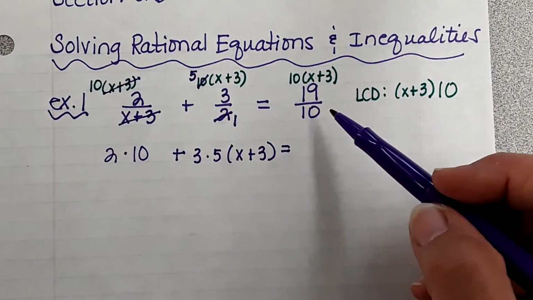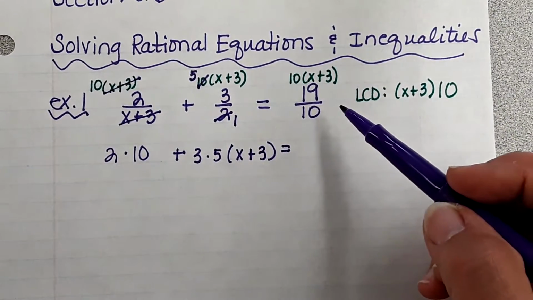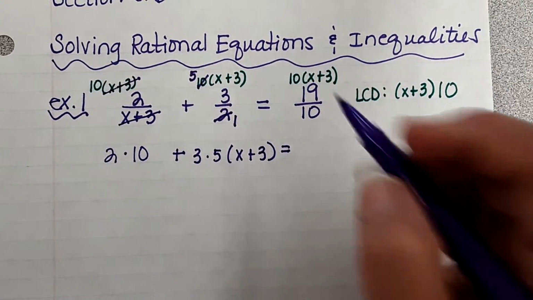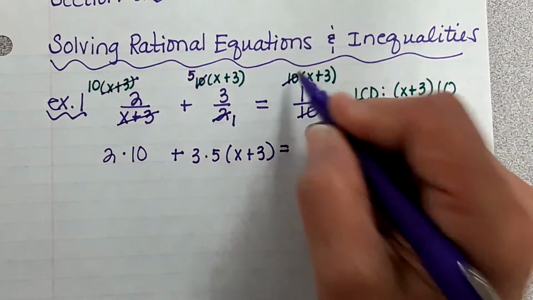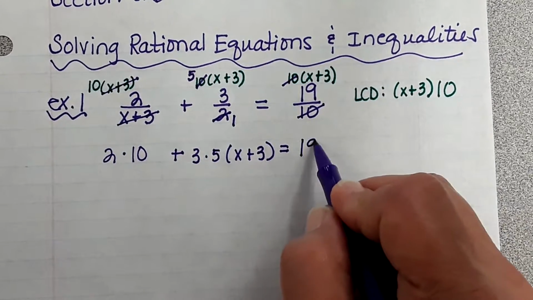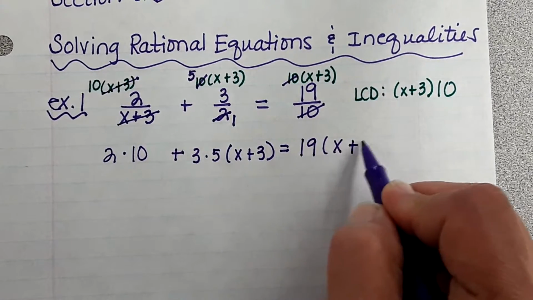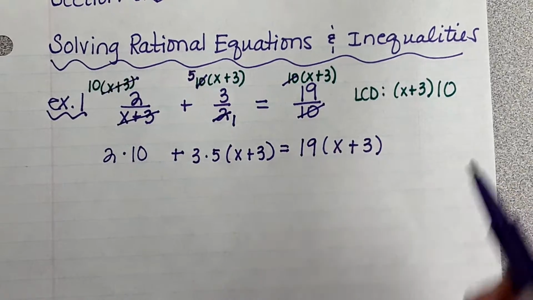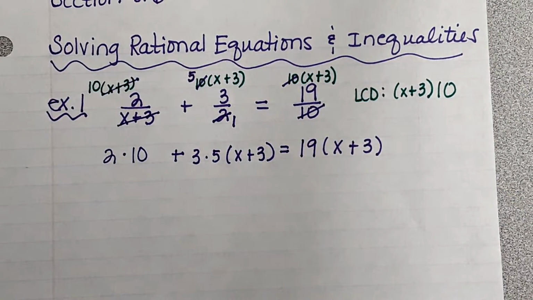And then on the last fraction, what can you cancel out? 10 and 10, and then I'm left with, don't forget the number was in the numerator, 19 times x plus 3. What questions do you have? Are we good with that?